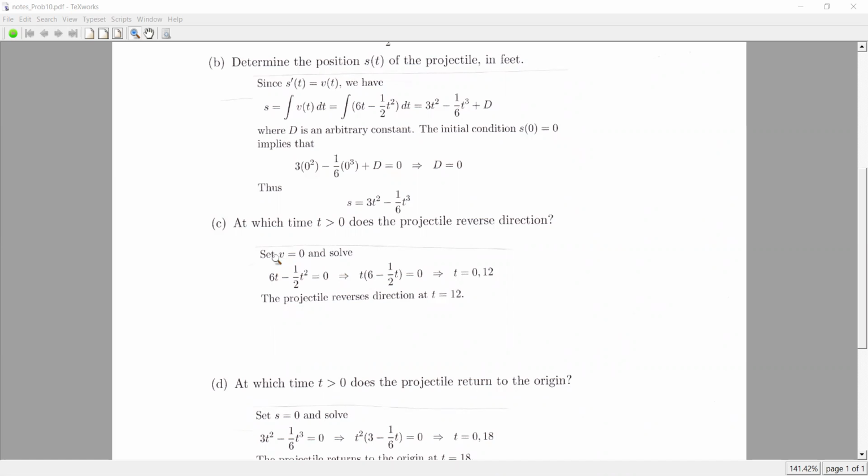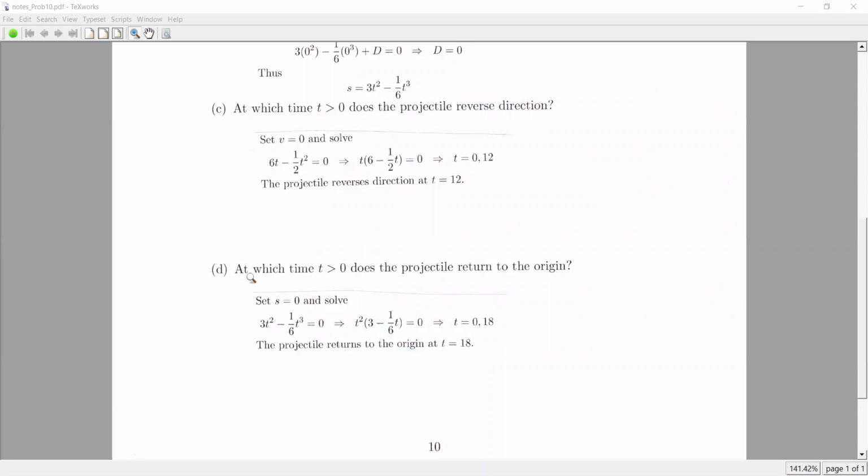From part A, velocity is this function, so I set this function to 0 and solve this equation for the time t. Then I get t is 0 or 12. I pick 12. The projectile reverses direction at t is 12.